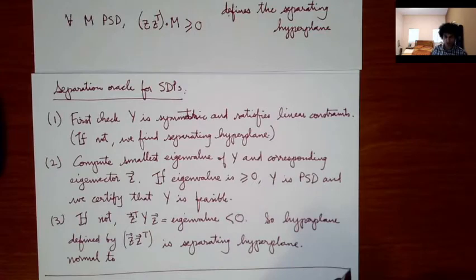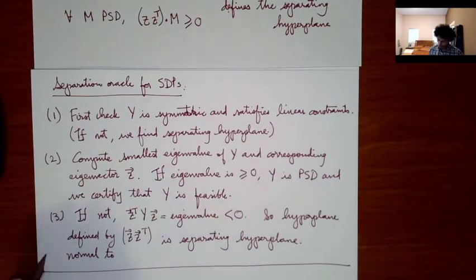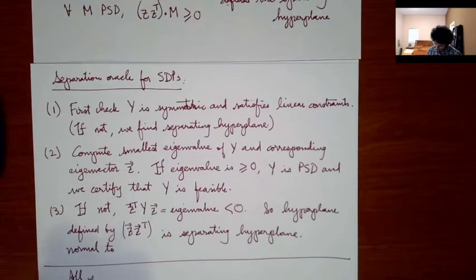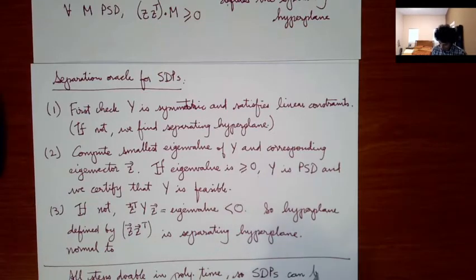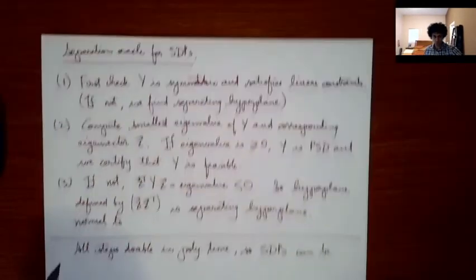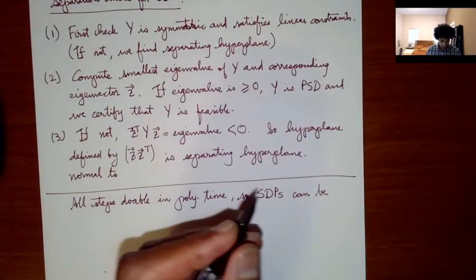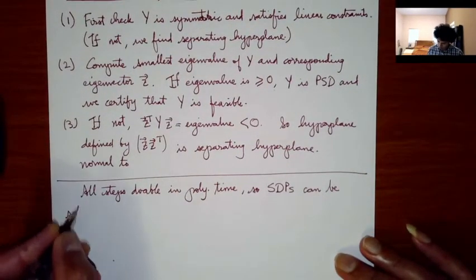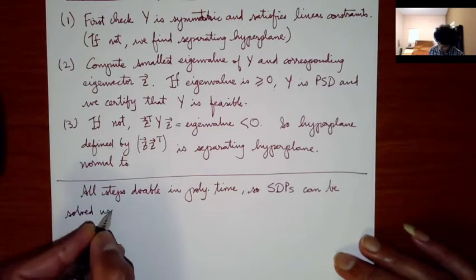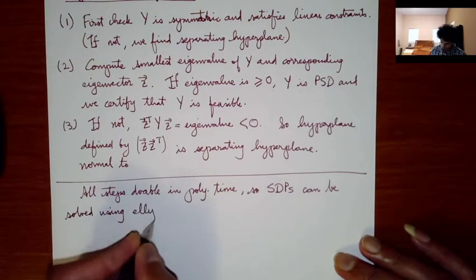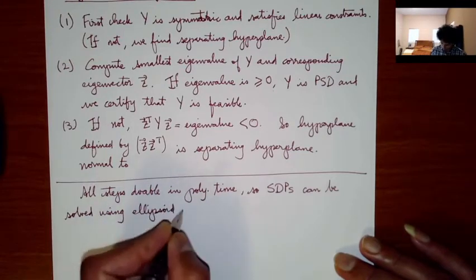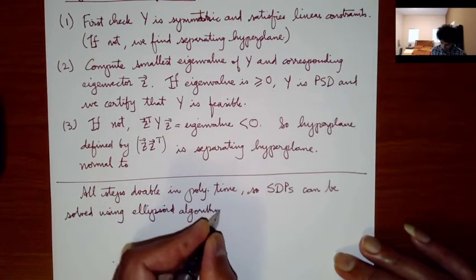And so this gives a polynomial time separation oracle. All of these steps can be done in polynomial time. So SDPs can be solved using the ellipsoid algorithm.